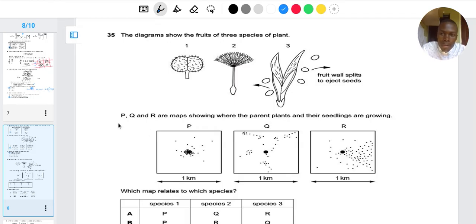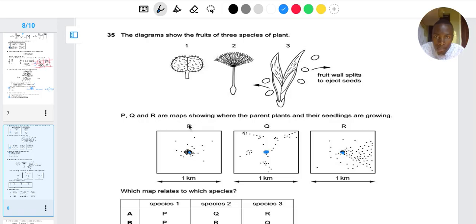So P, Q and R are maps showing where the parent plants and their seedlings are growing. The one at the center here is the parent, this one is the parent, as well as this one, and it is showing how the seedlings are growing. So which one is showing this?